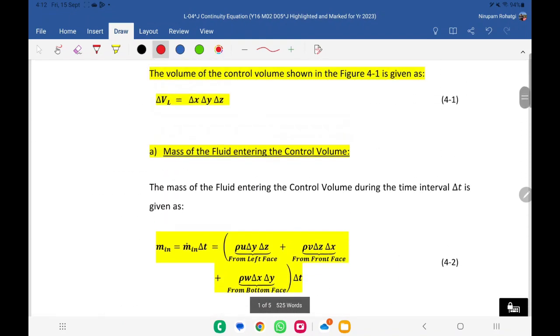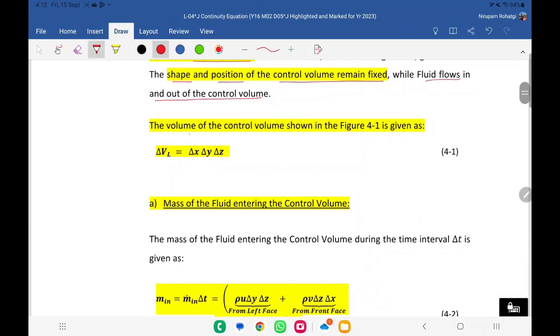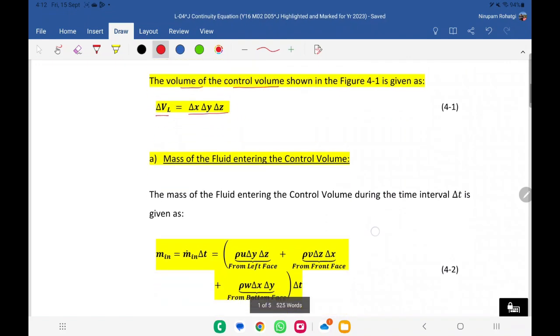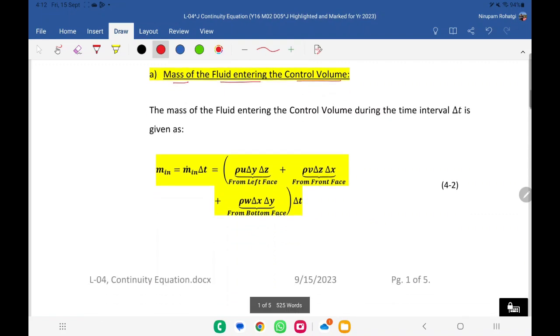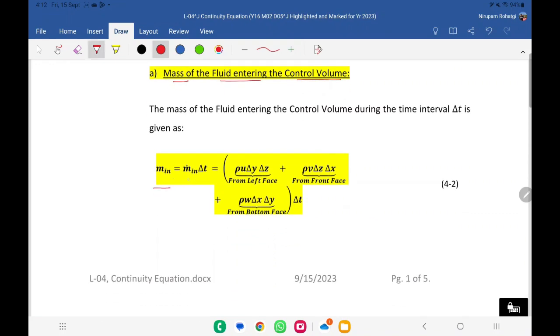Now, the volume of the control volume, delta V, is the product of delta x, delta y and delta z. Now we find the mass of fluid entering the control volume. The mass in will be equal to the mass flow rate per unit time into delta t, since we are considering an interval delta t.